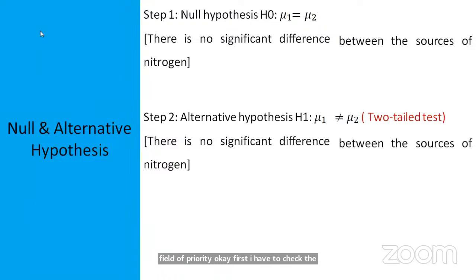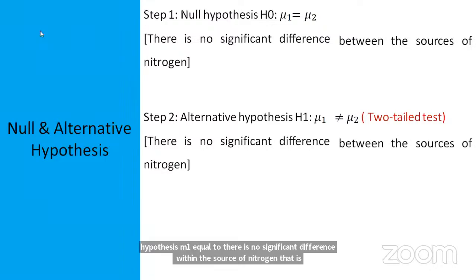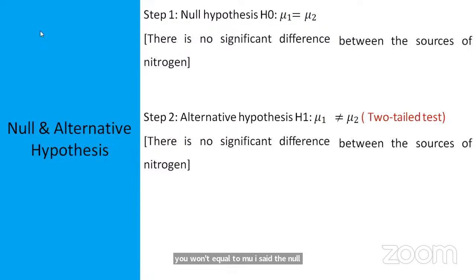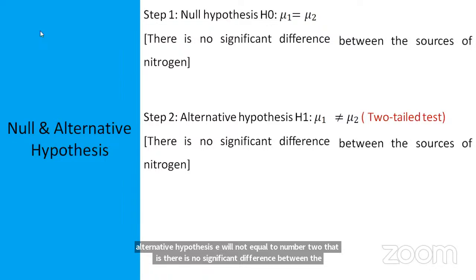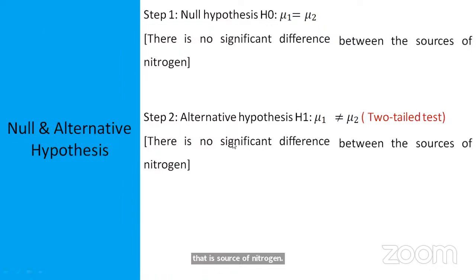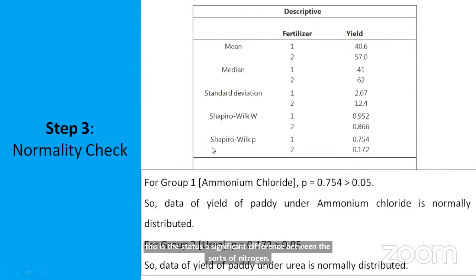The alternative hypothesis is mu1 not equal to mu2, that is, there is a significant difference between the source of nitrogen. Sorry, there was a mistake earlier. First we do the normality check for ammonium chloride and urea.